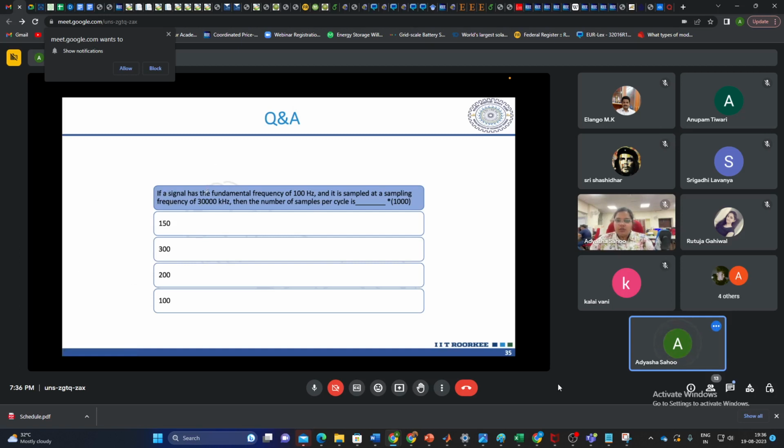So, if a signal has a fundamental frequency of 100 hertz and a sampling frequency of this, then the number of samples per cycle. 300, ma'am. Is it 300 that you got? I have doubt here.